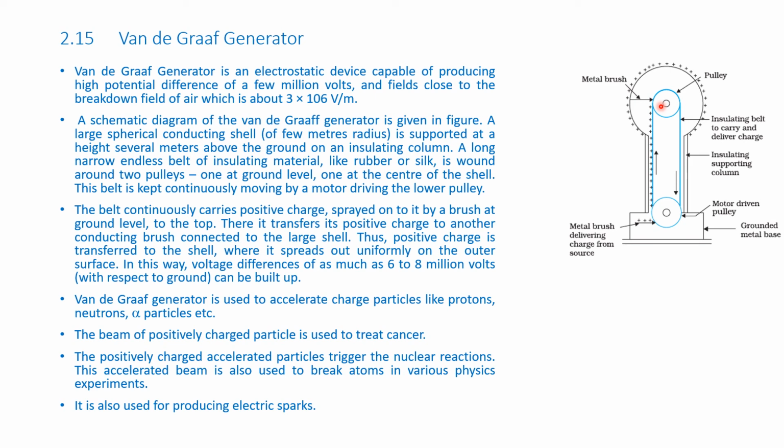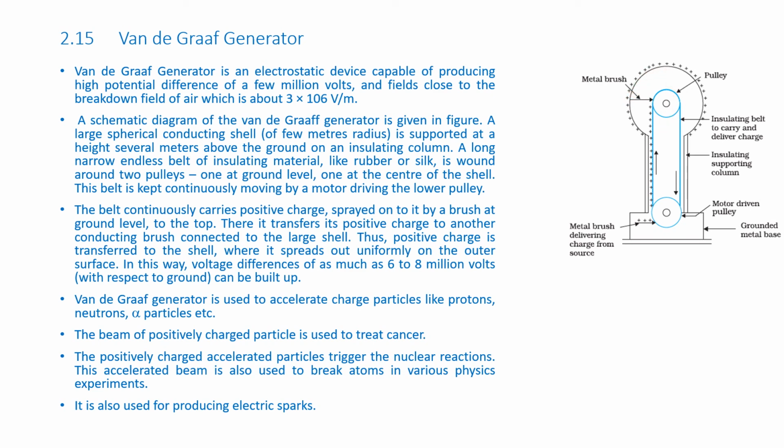The two pulleys, at the ground and at the top, are connected through the belt. The belt is continuously moving through a motor-driven pulley at the bottom. Positive charges are fed at the bottom through the metal brush and transferred through the belt to the upper pulley, and from there, using a metal brush, we transfer these charges to the larger shell.